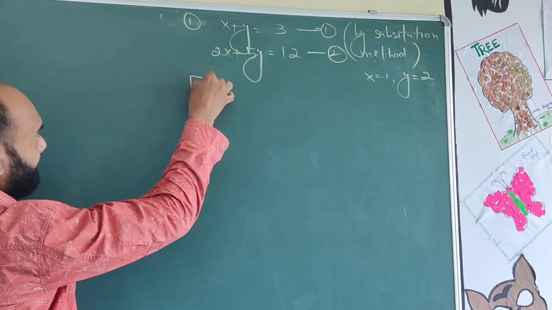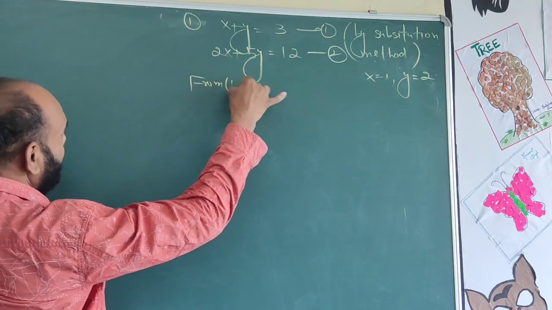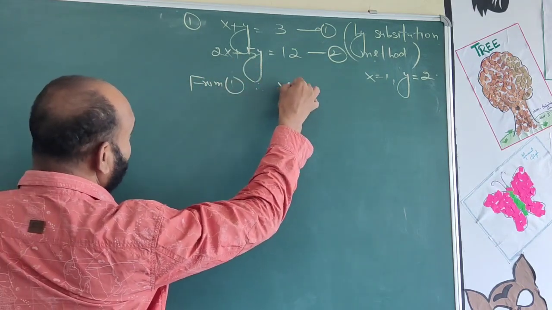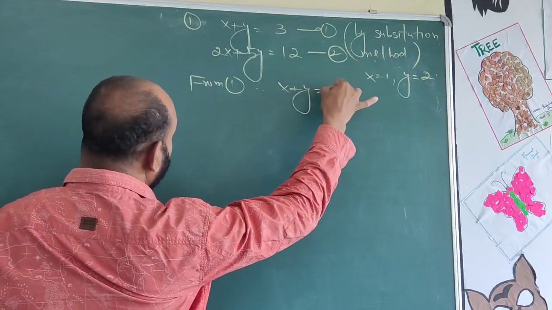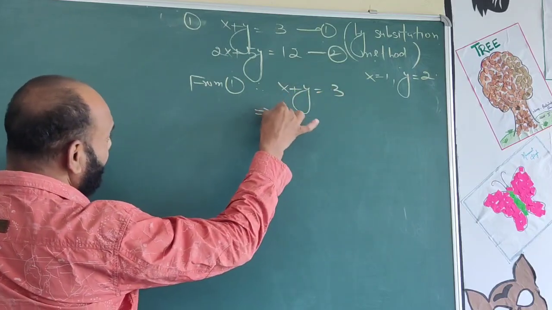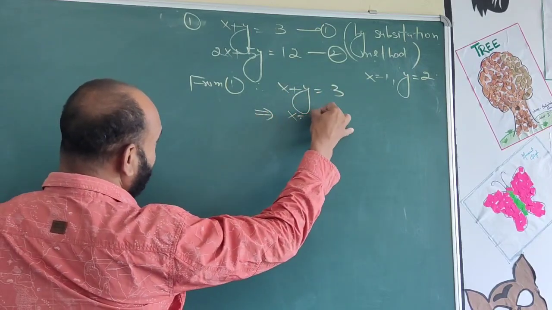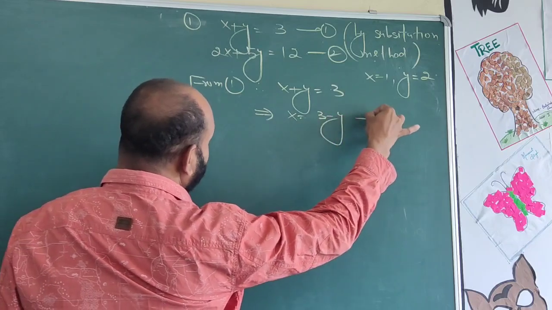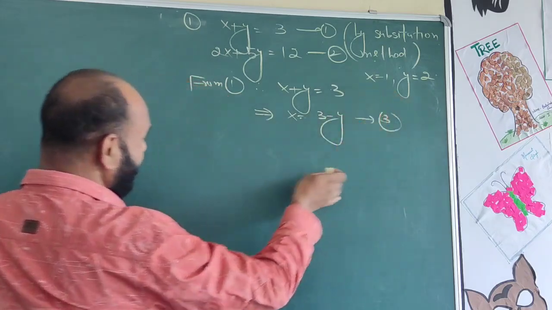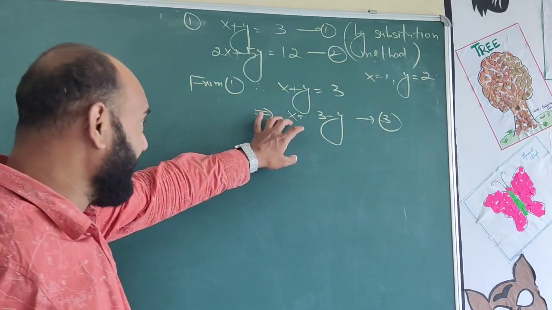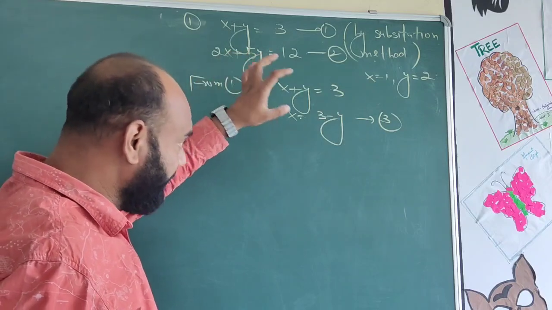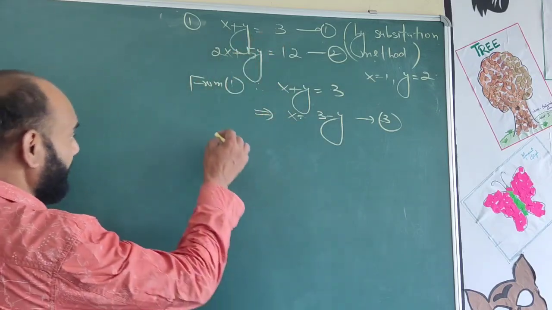So from the first equation we get x plus y is equal to 3. Therefore x is equal to 3 minus y, and this can be written as equation number 3. Because we found x from equation number 1, we put x in equation number 2.